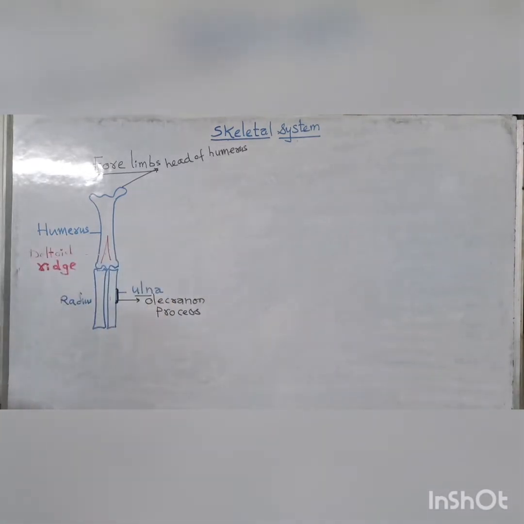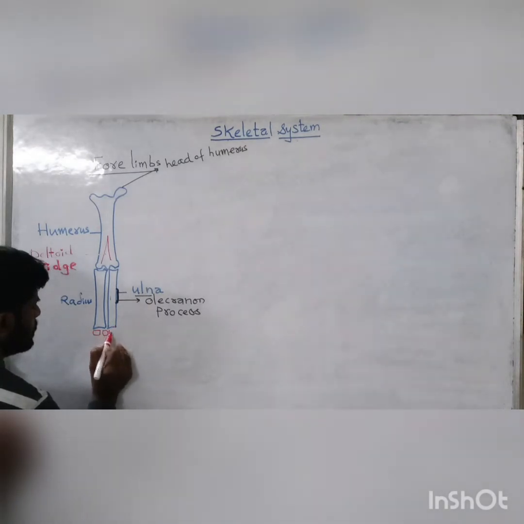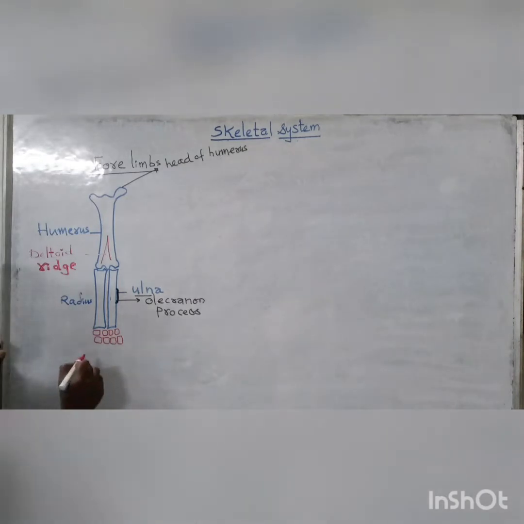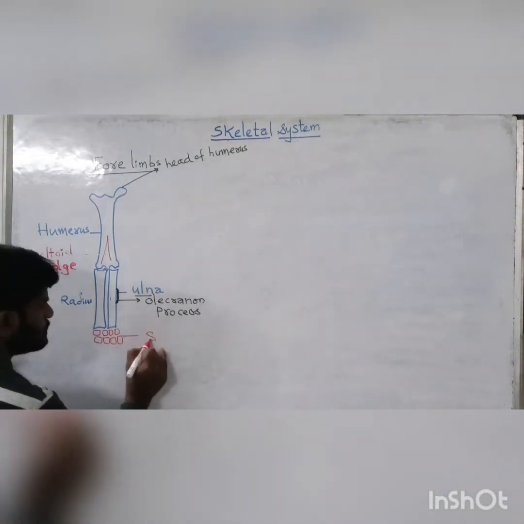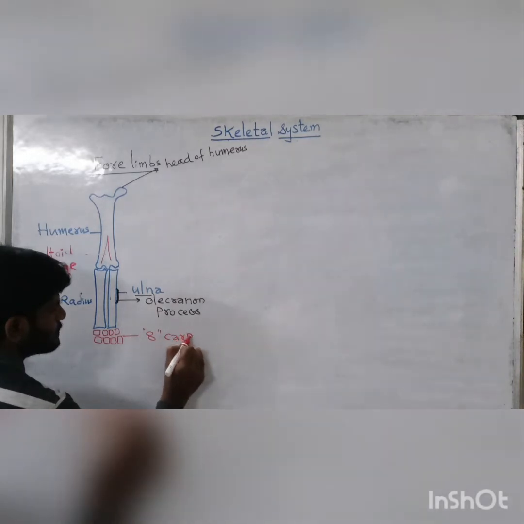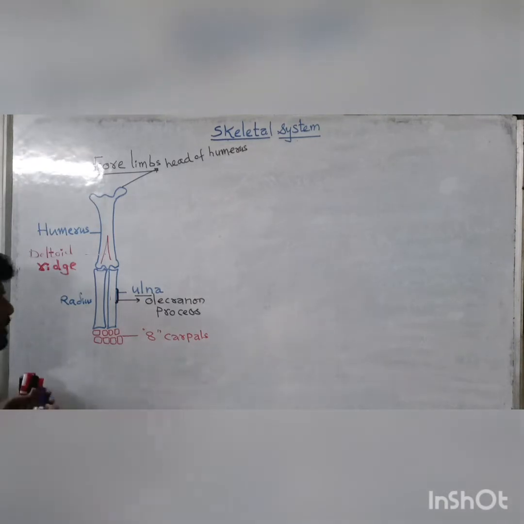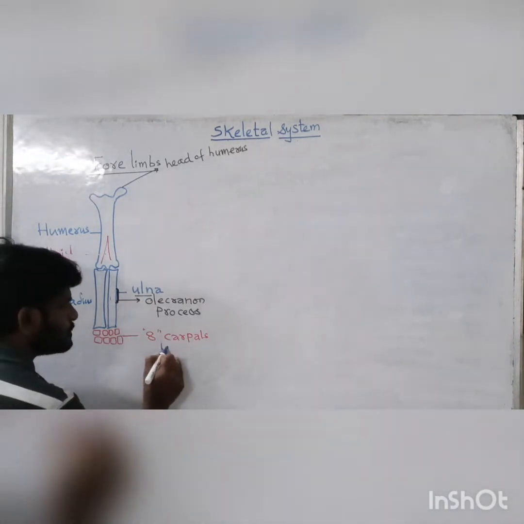After that, there are carpals. These are 8 carpals. These carpal bones are called the wrist bones.